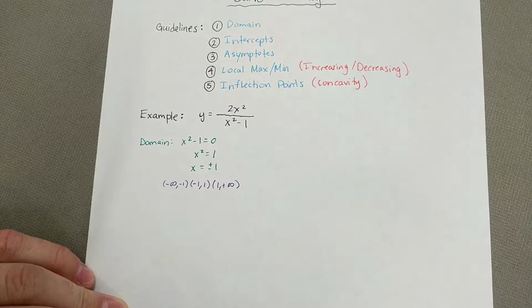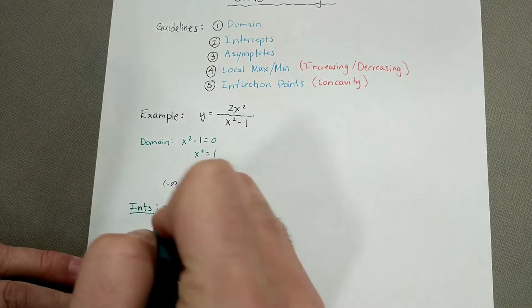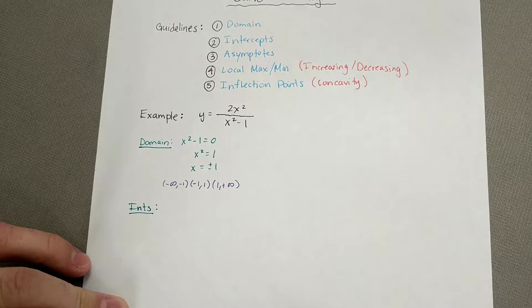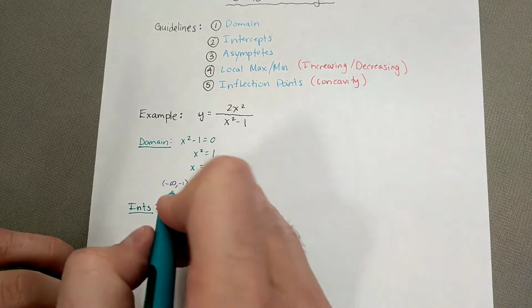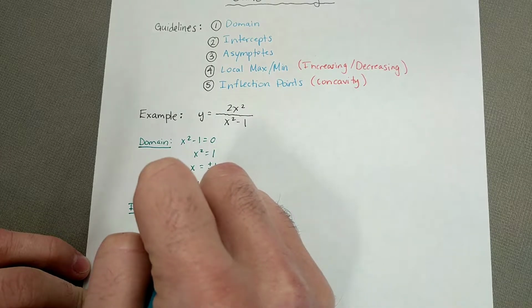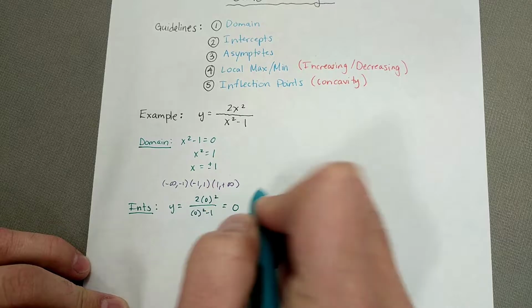Okay, next thing, we will find our intercepts. So intercepts is just when we're going to let y be 0 or x be 0. We'll do x being 0 first. So 2 times 0 squared over 0 squared minus 1. Well, that's going to end up being 0.